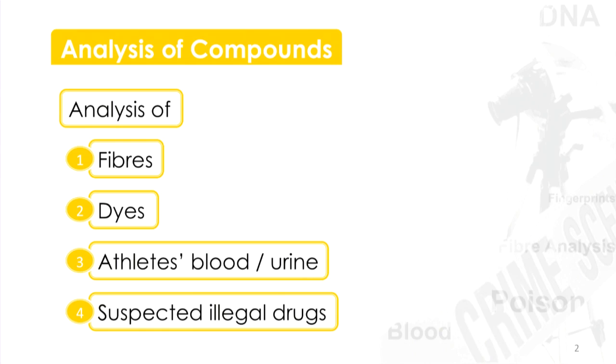And these suspected illegal drugs might actually be the material itself, or it might be analyzing body fluids from a suspect, an alleged user, for the presence of those illegal drugs. So analysis of compounds is a very important part of forensic science.